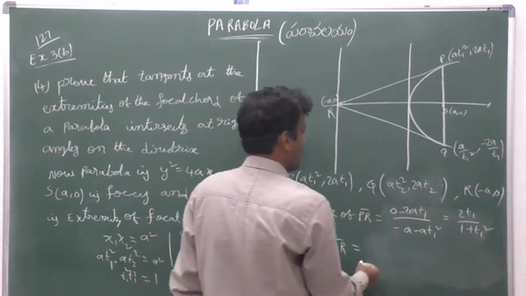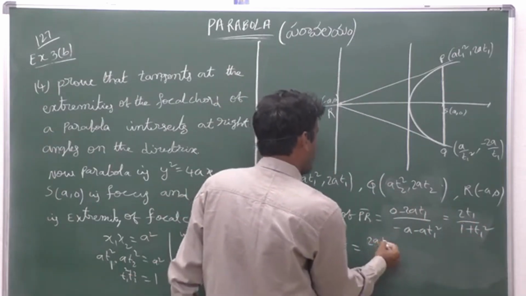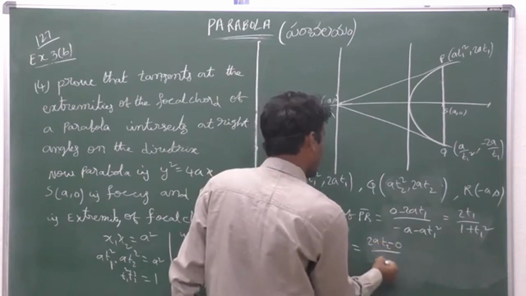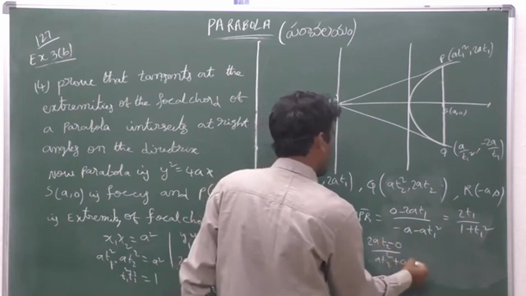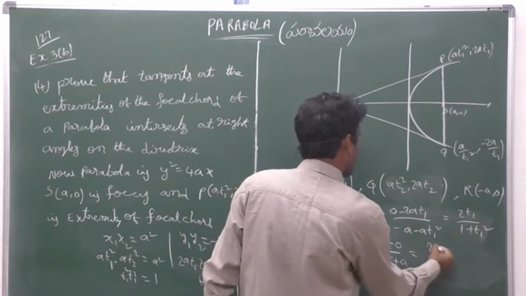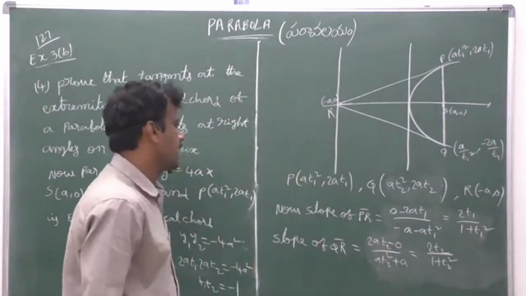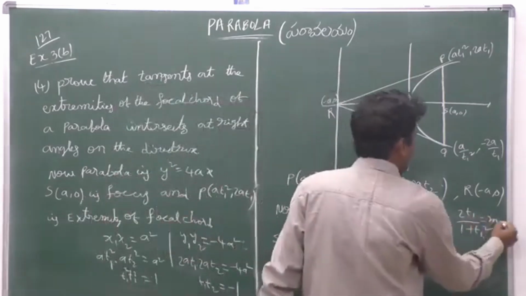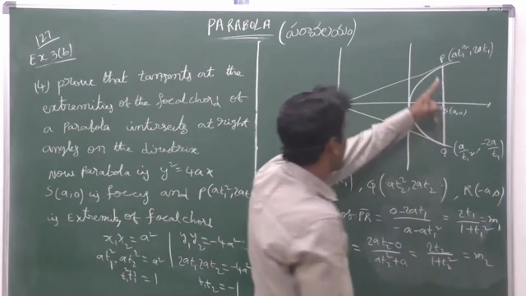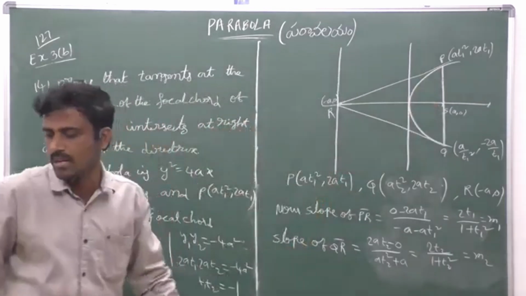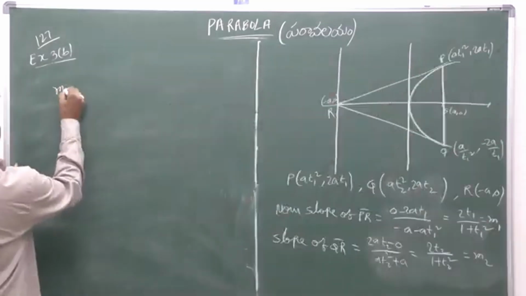Similarly QR is 2at2/(at2² + a), a cancels, 2t2/(1 + t2²). That is m1 and m2, the slope of PR and the slope of QR.